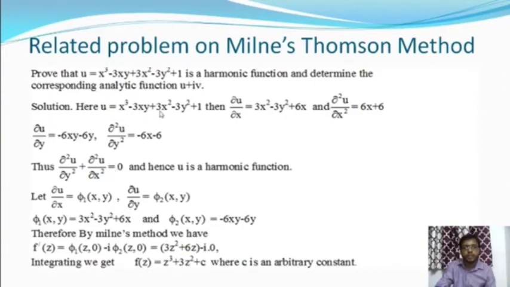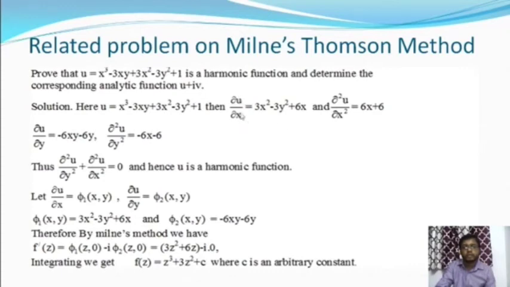So here u is equal to this, so from this we are going to find the first order partial differentiation with respect to x, and then the second order differentiation with respect to x.